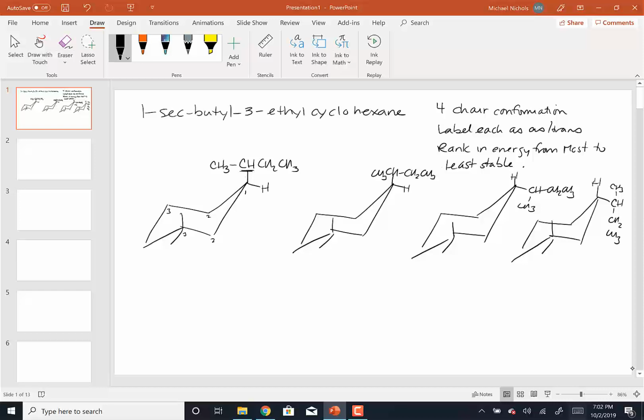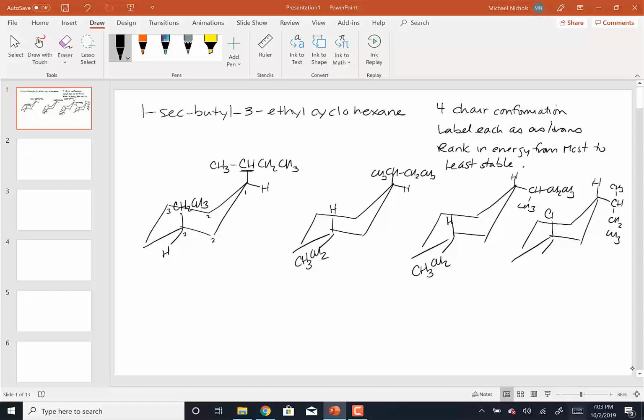And so now I'm going to draw out the 4 combinations of having the sec-butyl group and the ethyl group both axial. So here is my ethyl group. They're both axial. The sec-butyl group axial and the ethyl group equatorial. Over here, the sec-butyl group equatorial and the ethyl group equatorial.